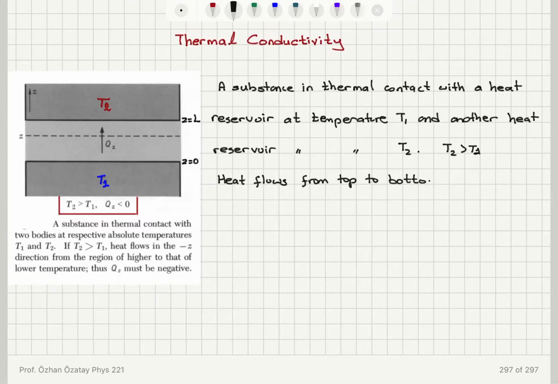So if we define the heat flux QZ, this is basically heat flow per area per unit time.